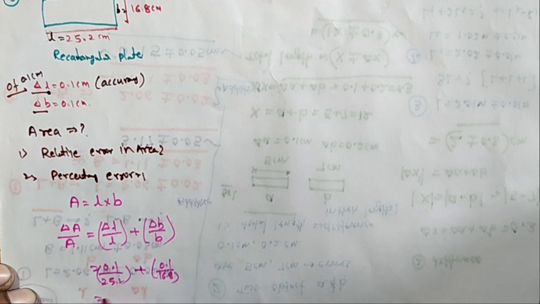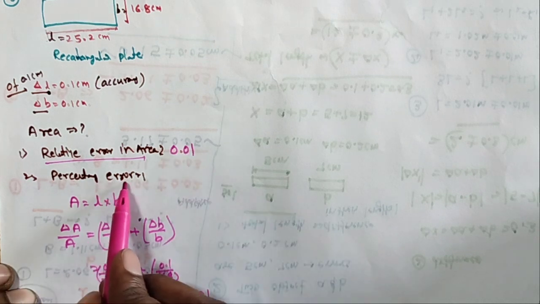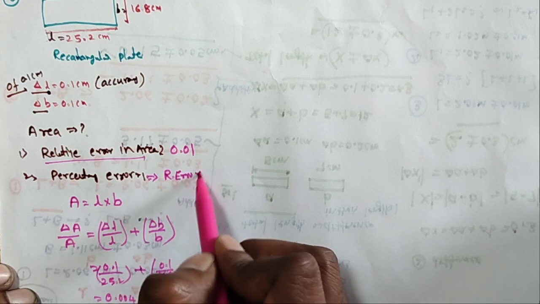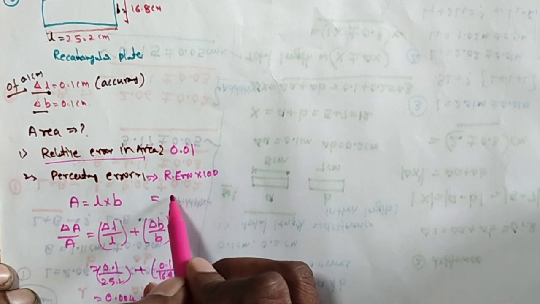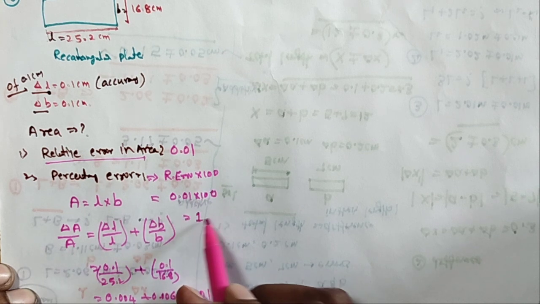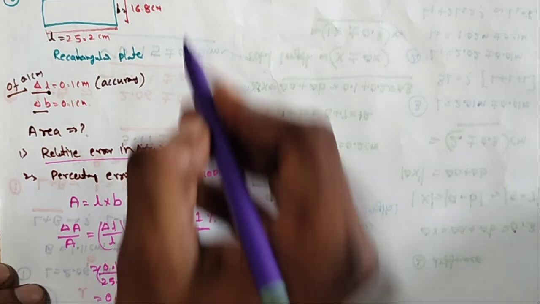So that is finally 0.004 plus 0.006. So what is the answer? 0.01. So the relative error in the area is 0.01. For the percentage error, what is the formula? Relative error into 100. So that is 0.01 into 100, that is 1%.